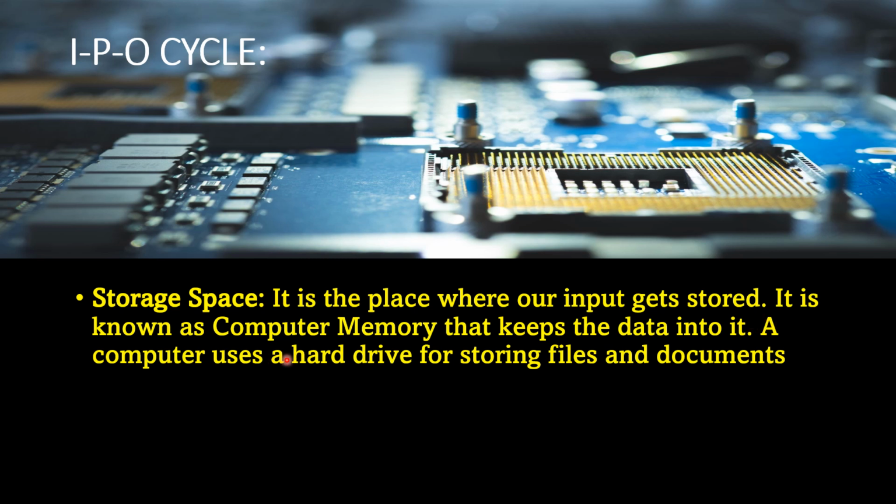It is known as the computer memory. Computer memory keeps all the data in it. A computer uses a hard drive for storing files and documents. Anything we give to the computer gets stored in the hard drive. There is a hard disk, which we have seen in our earlier classes, that is used for saving files and documents. Understood, children?